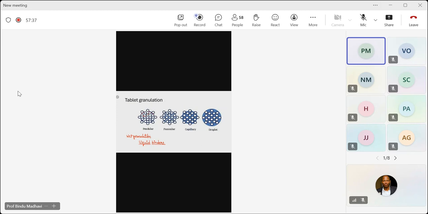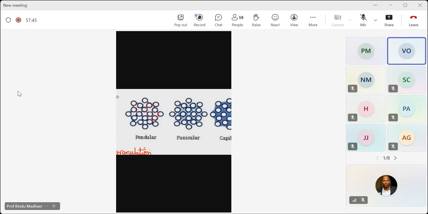Can you see those thin blue bridges which I am highlighting with red now? Yes, we can see. When the liquid forms a thin film between the particles, that stage is called pendular. Now the mass is not ready for granulation.